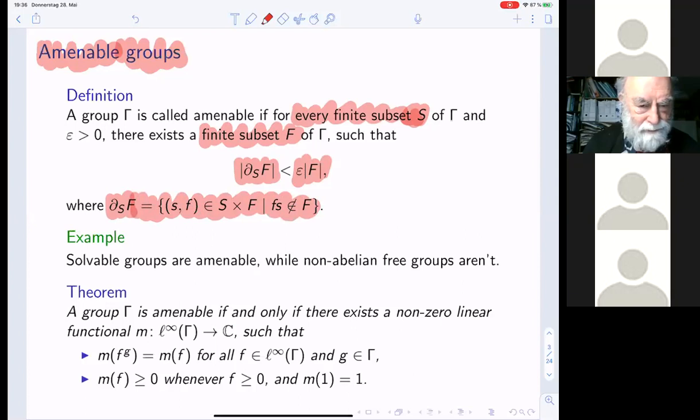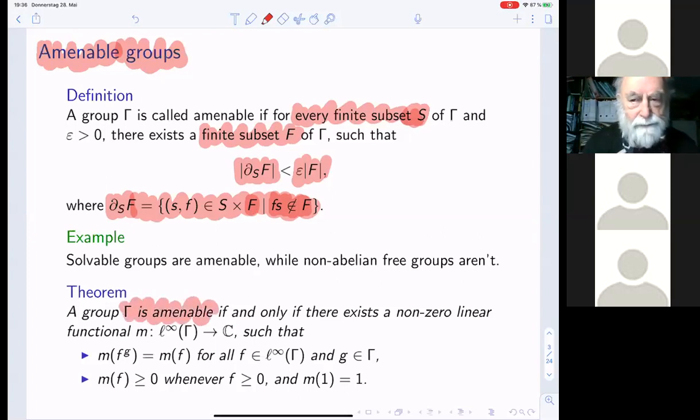So I'm counting all the edges that are leaving my set F. So one end of the edge is in F, and the other end of the edge in the Cayley graph is outside of F. Sometimes it's called the edge boundary of the set F. And well, it's well known solvable groups are amenable, non-abelian free groups are not amenable. So there's a dichotomy in the world of groups, and there are also many characterizations of amenability that you have probably all heard of.